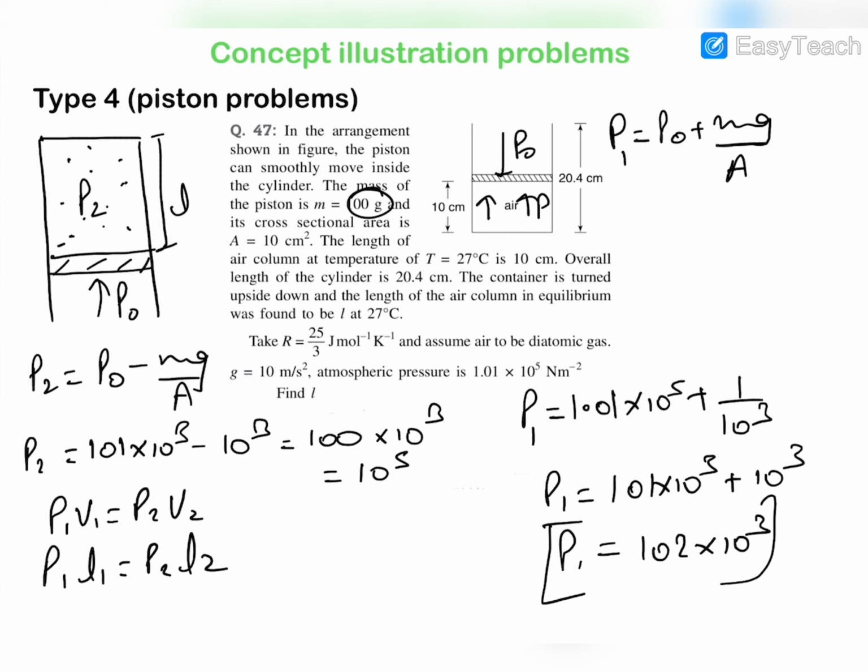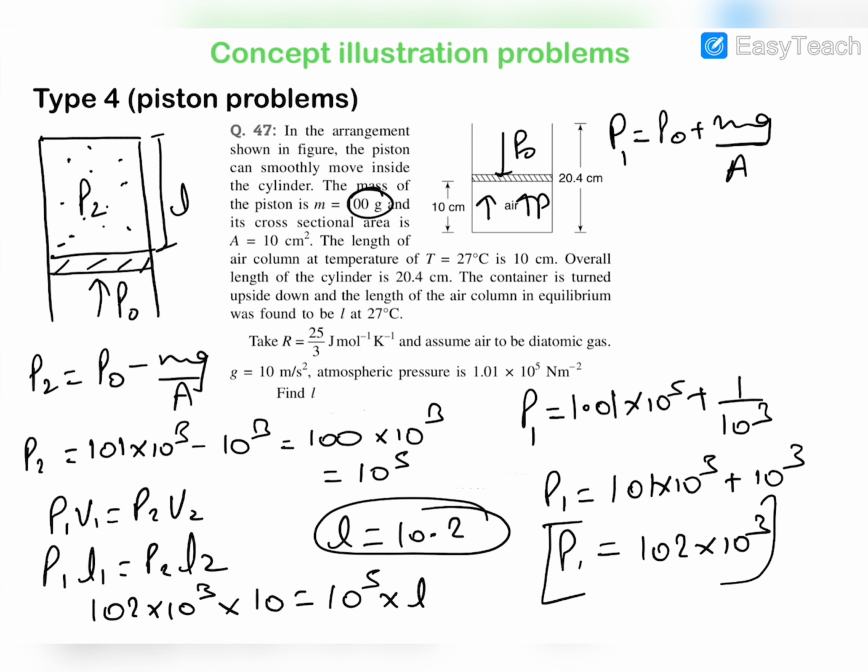Now P1 is 102 into 10 raised to power 3, L1 is equal to 10, and P2 is 10 raised to power 5, and L2 is equal to L. So L will be equal to 10.2, you can see. So this is the length of the air column finally. Now we move on to the next question.